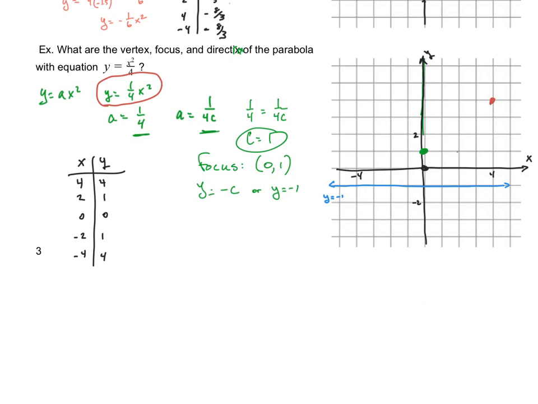As I plot those on the graph, I'm able to see a parabola forming, and connecting the 5 points that I have with a smooth line, I see that this is y equals 1/4 x squared, and that is my parabola with a focus at (0, 1) and a directrix of y equals negative 1, and that is how to graph that parabola. And let's go on to the next example.